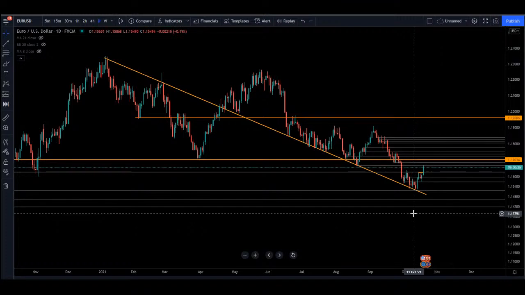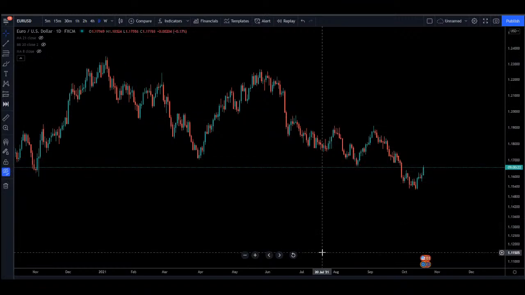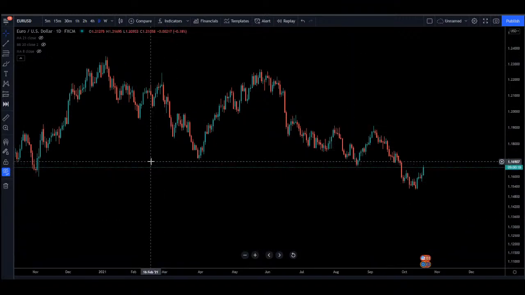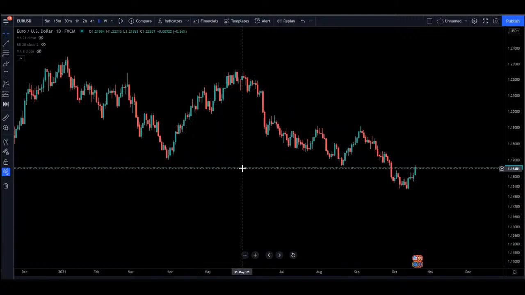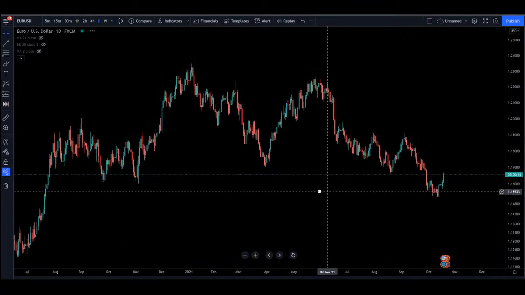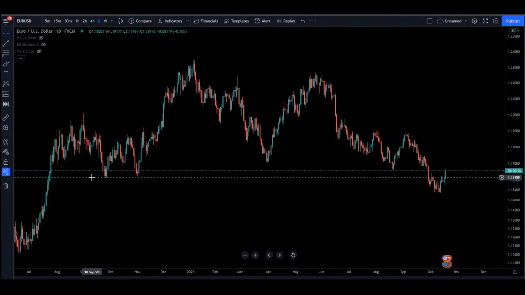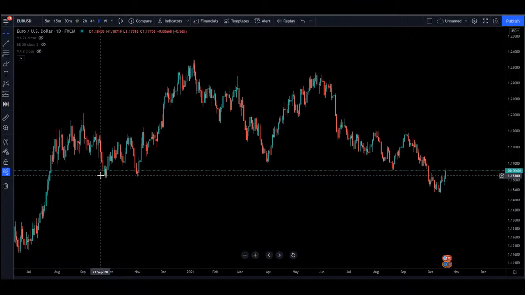So for example, here we have the Euro USD, and from this perspective we can see very clear levels. This is the daily time frame, and remember that the daily time frame has all of the participants already in the market. Everybody has played their own cards and done their own part in the market.